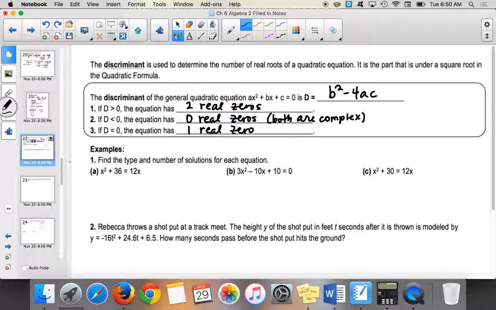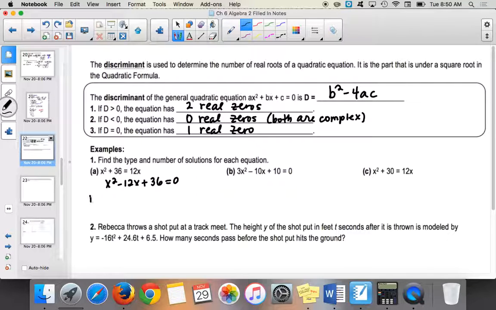So find the type and number of solutions for each equation. If I have x squared plus 36 equals 12x, I subtract my 12x over. So x squared minus 12x plus 36 equals 0. And it didn't say to find the solutions, it just says find the type and the number of solutions, right?